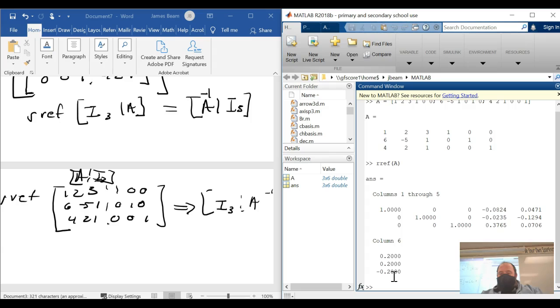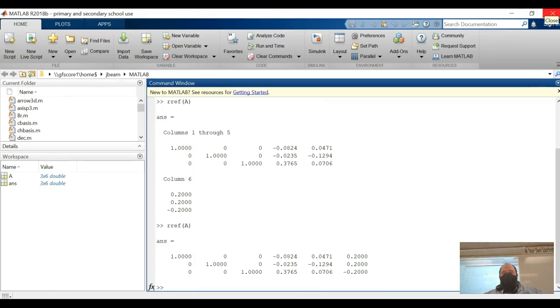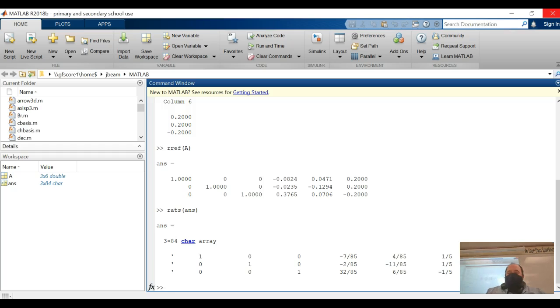Let me just make it not so weird. There it is. So it's telling me that that is the inverse, the part on the right there. I'm going to round the answer because it's hard to read that. There we go. So you would have never guessed that on your own.